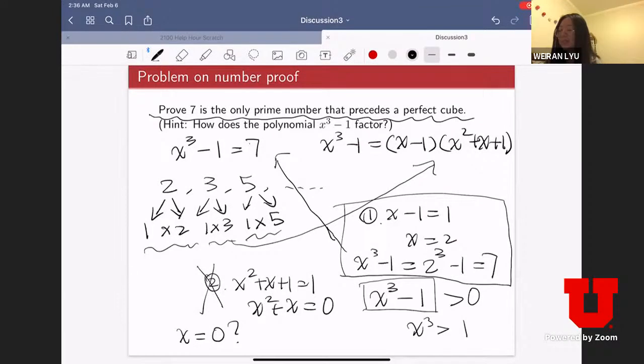We just use the idea that for a prime number, one of the two factors has to be 1 and the other is itself. So we use this property of prime numbers to get the two cases, but our case 2 actually does not exist.